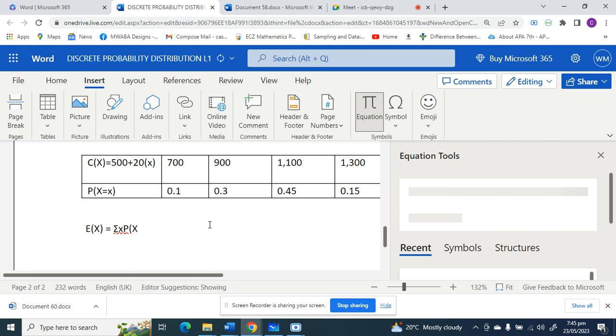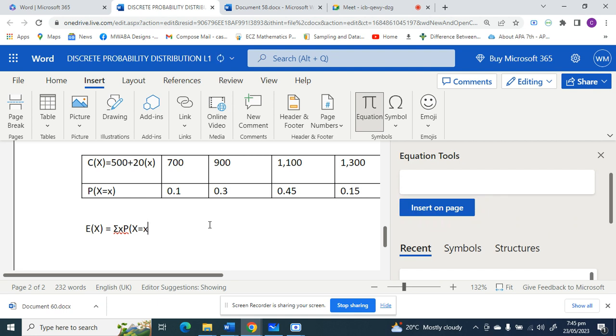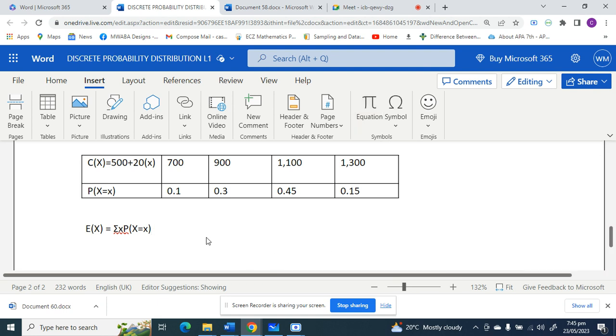So in this case, our random variable now has become the costs of the complaint. Right. So let's find our expected value. Remember, this is mathematics, not principles of management.